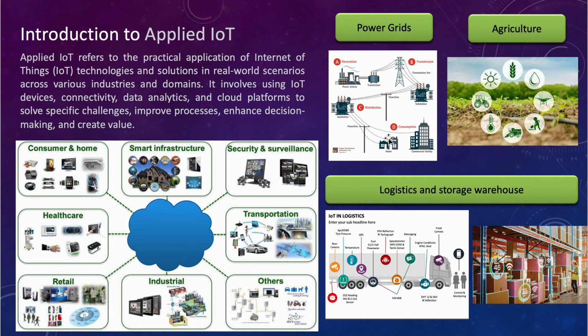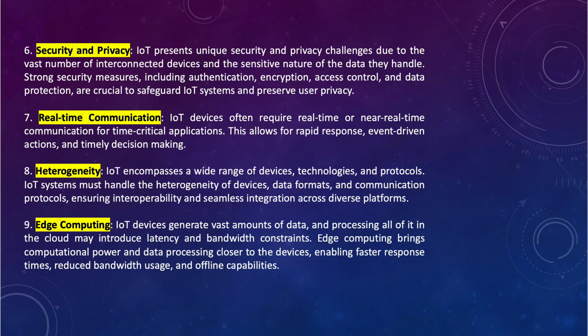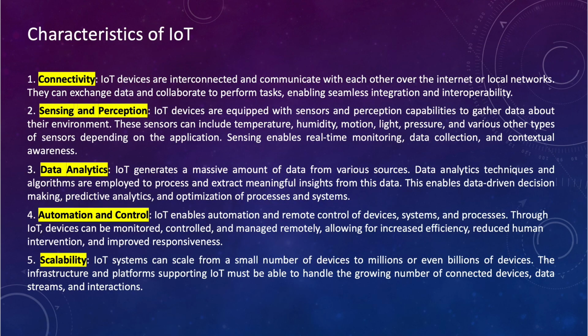If you have a security system, you will be able to add more motion detectors or more security cameras. So it is the scalability of it. IoT does not have limitations when coming into scalability, right?